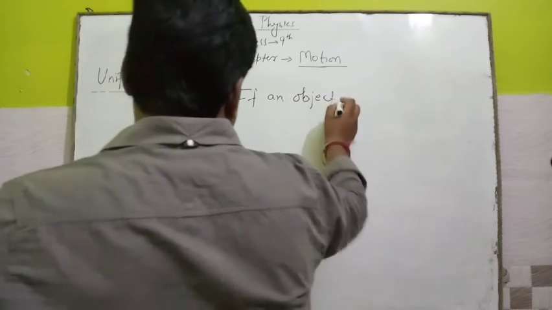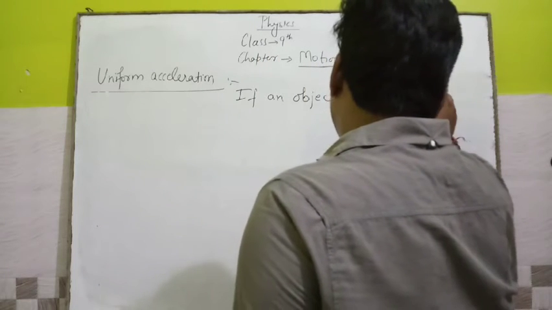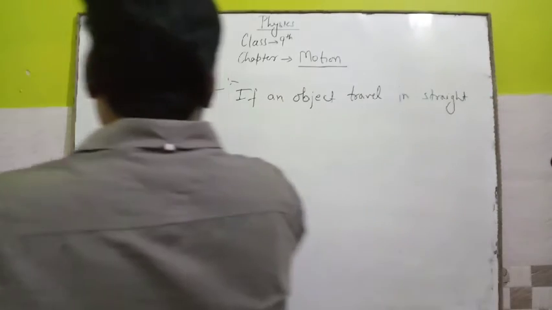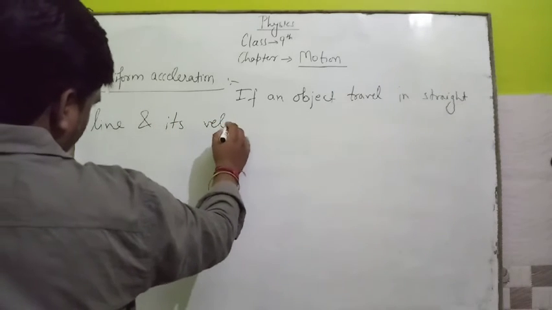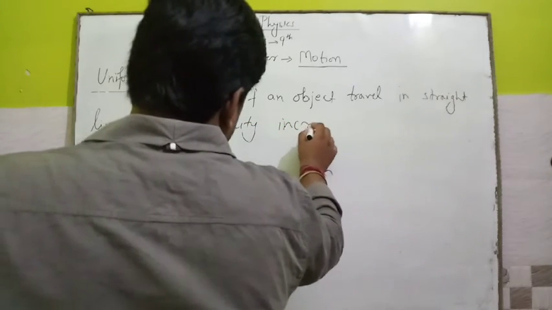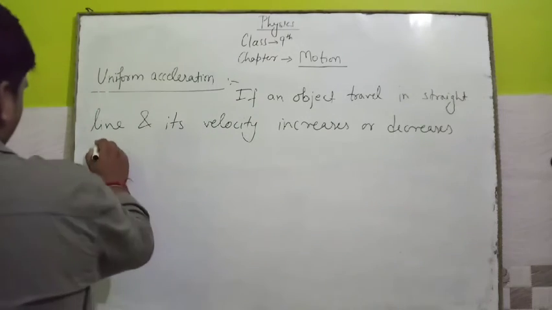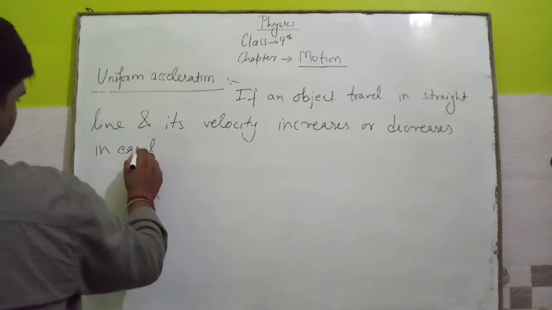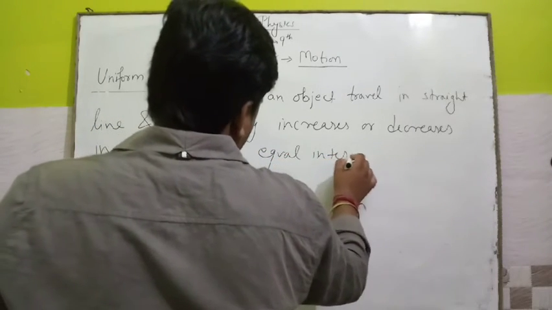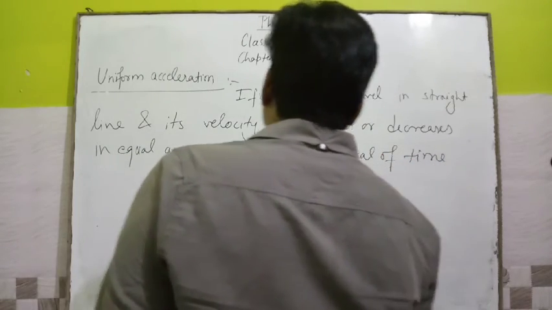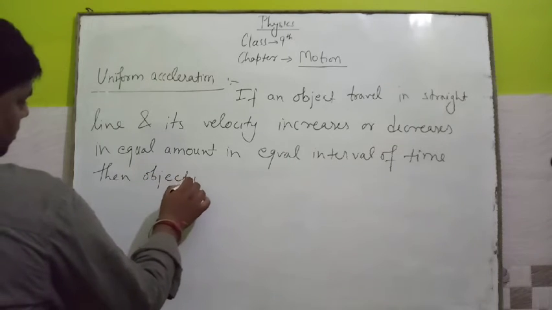If an object travels in a straight line and its velocity increases or decreases in equal amount in equal interval of time, then the object is said to be in uniform acceleration.